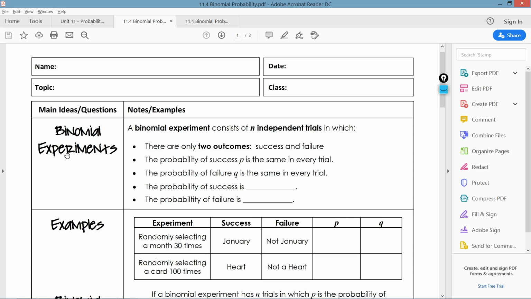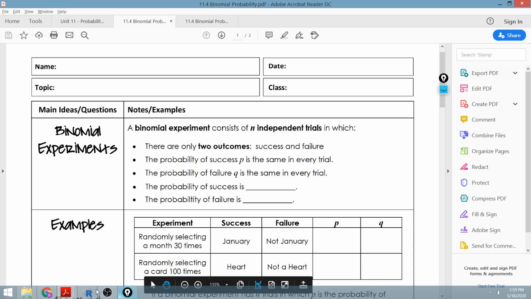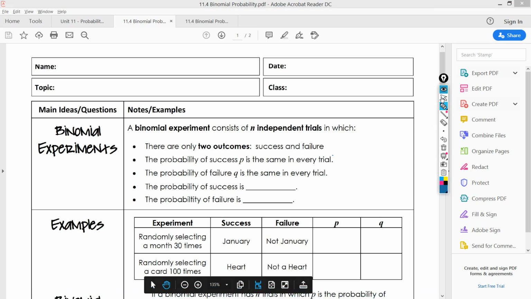so binomial experiments. Let's talk about these. Binomial makes a lot of sense as a word. Nomial is like number, and bi means two. So it means there are only two possible outcomes.